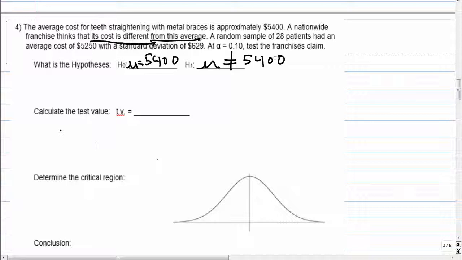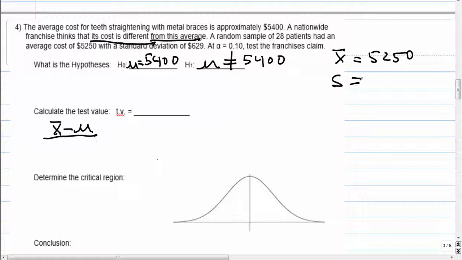Your test value, again, is going to be x bar minus the mean of the null hypothesis divided by sigma. But in this problem, excuse me, we don't have the standard deviation for the population. We have x bar is equal to 52,500.